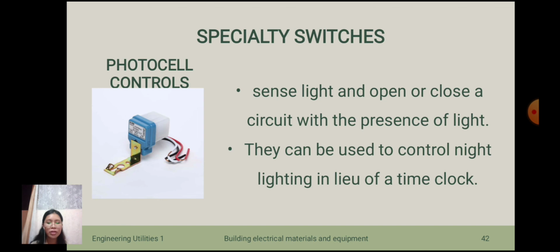For example, if malakas yung intensity ng araw, it will automatically disconnect the source of power or the energy of a lamp. So usually natin itong nakikita sa mga street lamps, kung saan if may araw na nag-turn off siya, and if nasense niya na gumagabi na, is doon na siya nag-turn on.